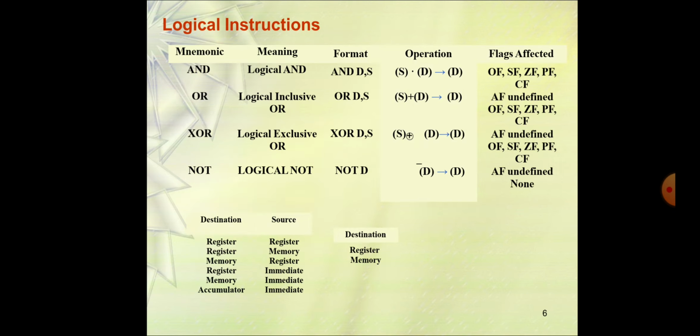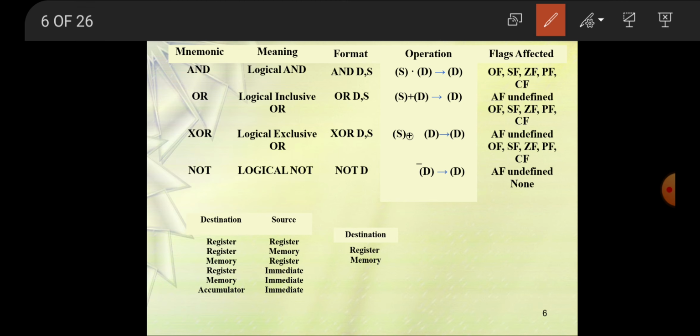Now next, logical instructions. In the logical instructions, we are going to see all the logical operations. I hope you know all the logical operations, that is AND, OR, XOR, NOT. So this is how we use these instructions in the microprocessor. Here is the AND operation.